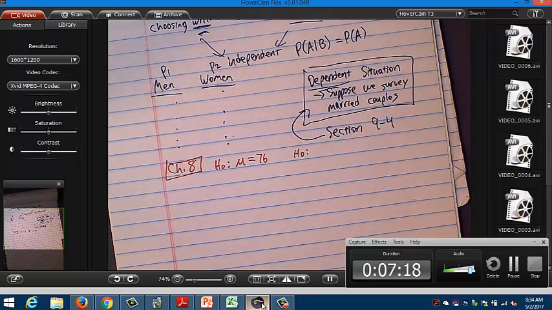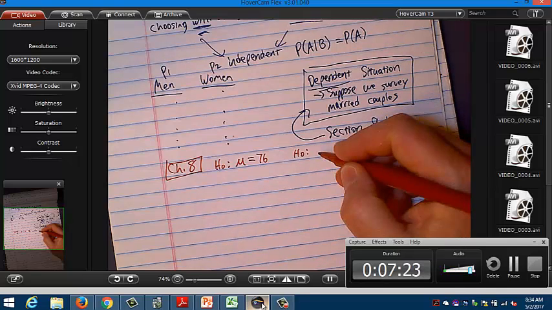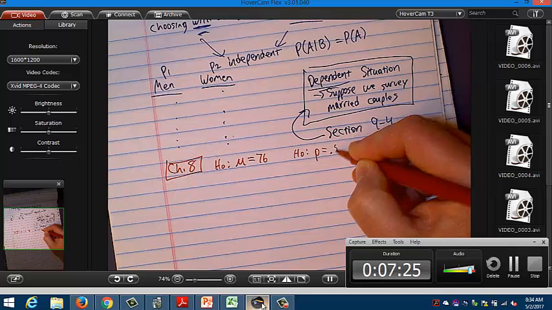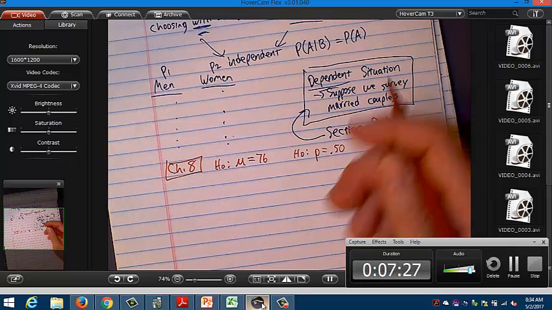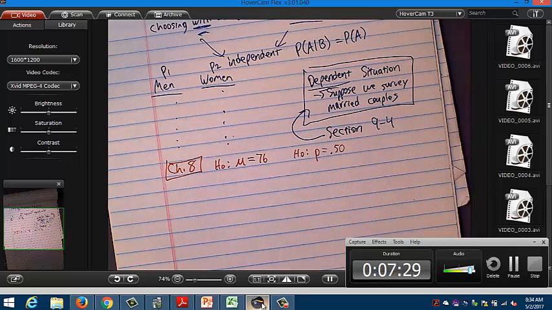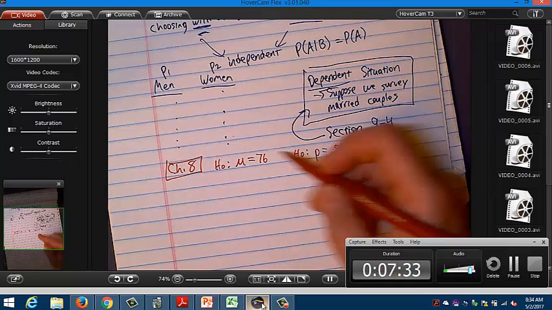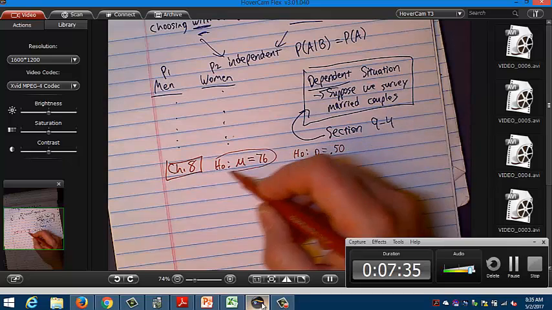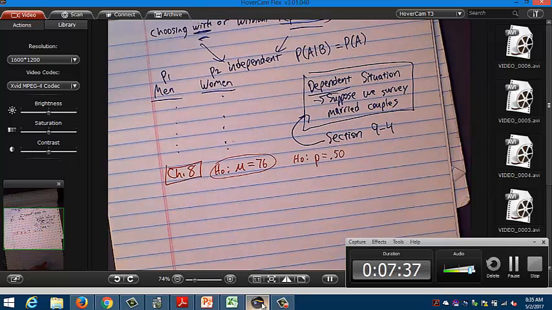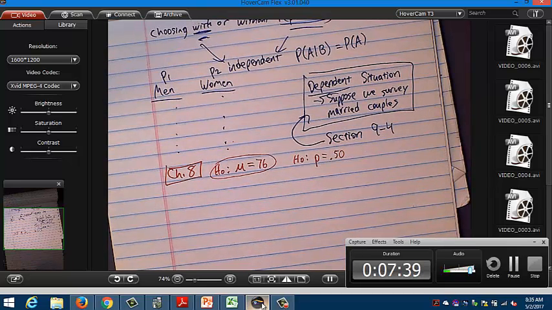Or years, I don't know, mean number of something. Or population proportion equals 50%, and then majority would be greater than 50%, right? We talked about these things, right? So these are the kinds of things we have. I guess I'm really focusing on this, right? That's what the null hypothesis looks like in chapter 8.